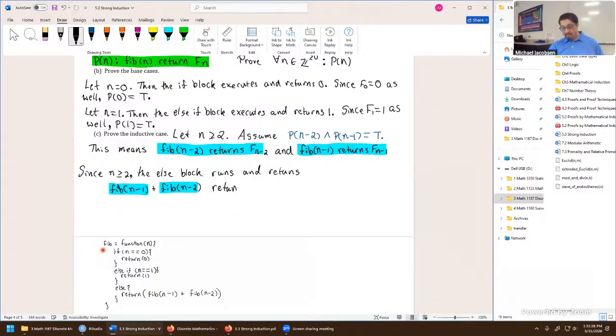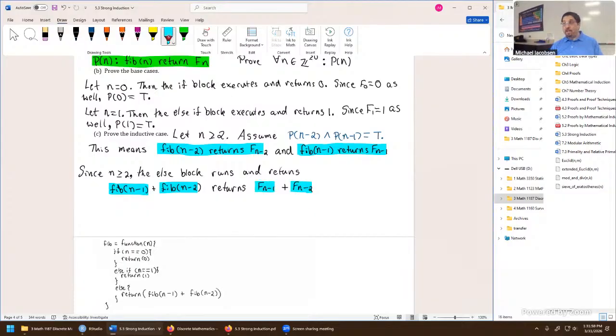So I'll write returns. Now we're putting in these assumptions. Hang on, let me go in order. So fib at n minus 1 returns the correct n minus 1 term of the Fibonacci sequence. Then add from over here, Fibonacci at n minus 2 returns the correct n minus 2 term of the Fibonacci sequence.